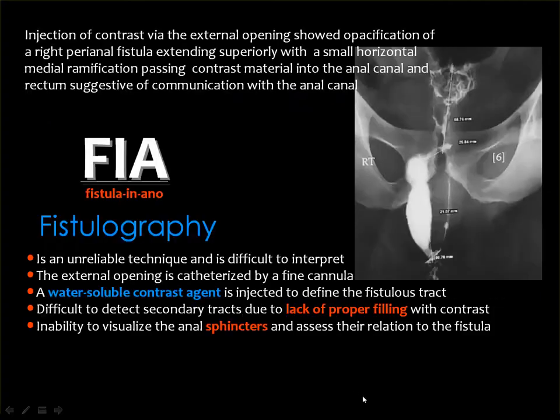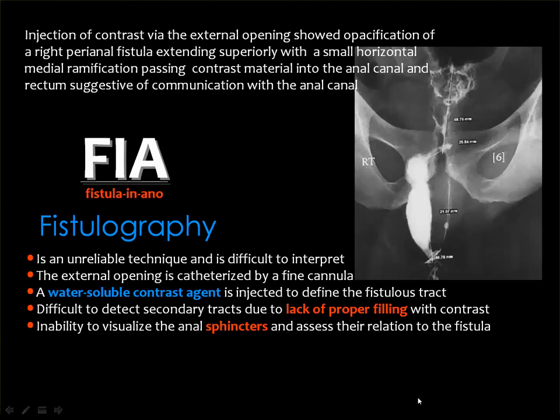Then one of the old techniques for evaluation of the anal fistula is to inject contrast material through the external opening, and you take films to identify the fistulous tract, its connection to the anal canal or rectum, if there are abscesses, if there are side branches.